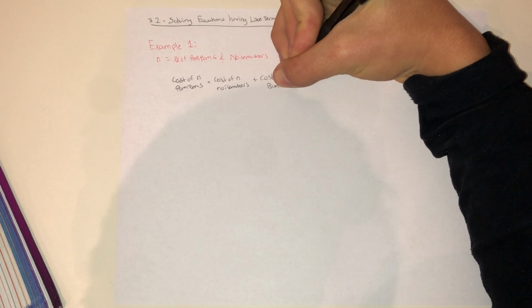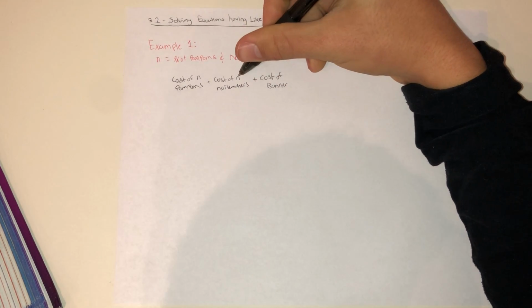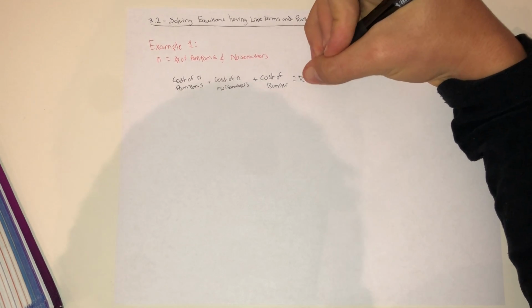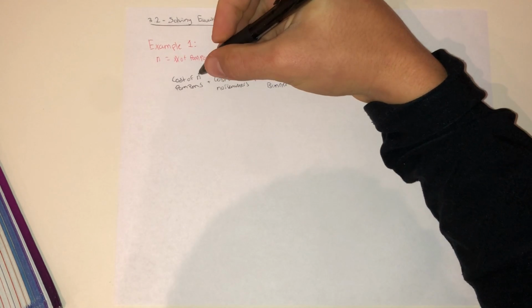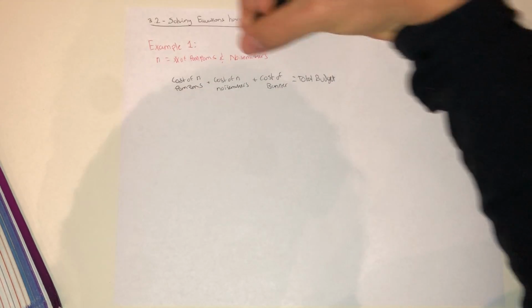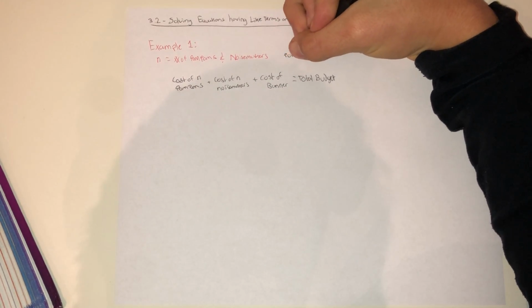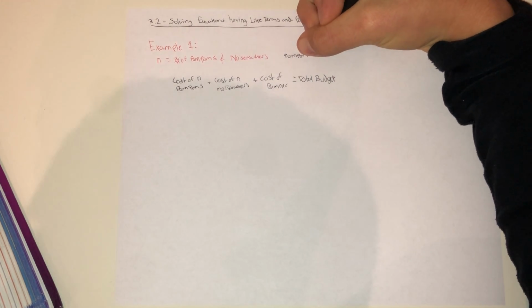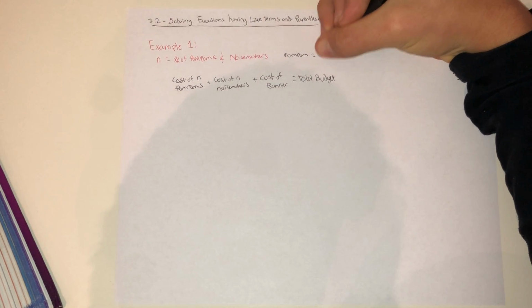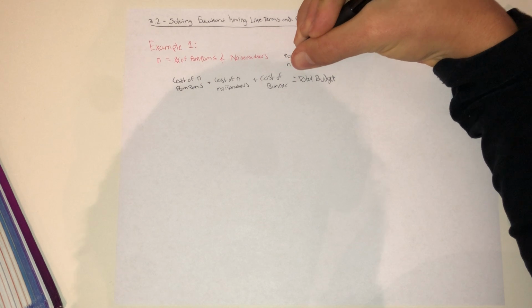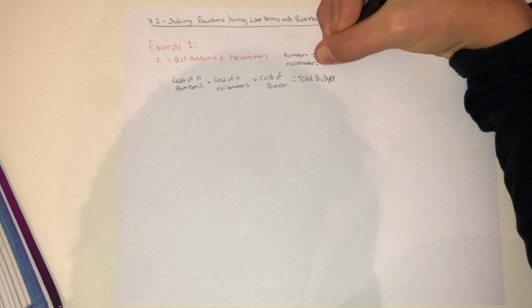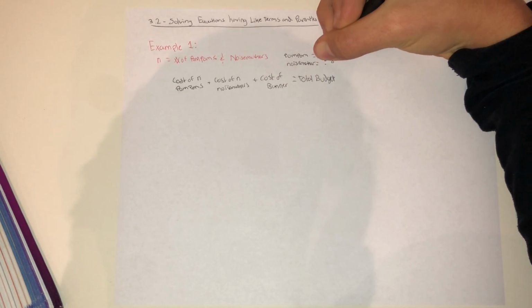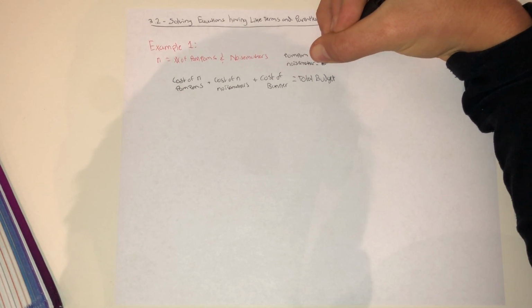It's only one banner, no matter how many students come, no matter the N. And then this has to equal the total budget. So the cost of N pom-poms. One pom-pom costs $5.2. And a noisemaker costs $0.8.